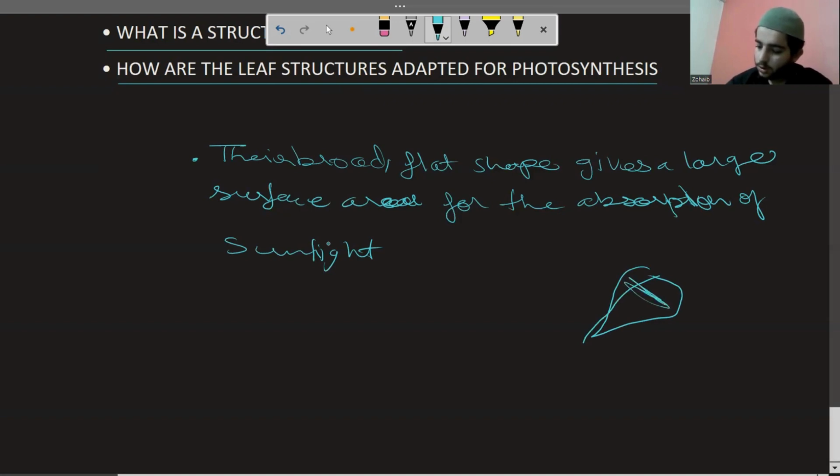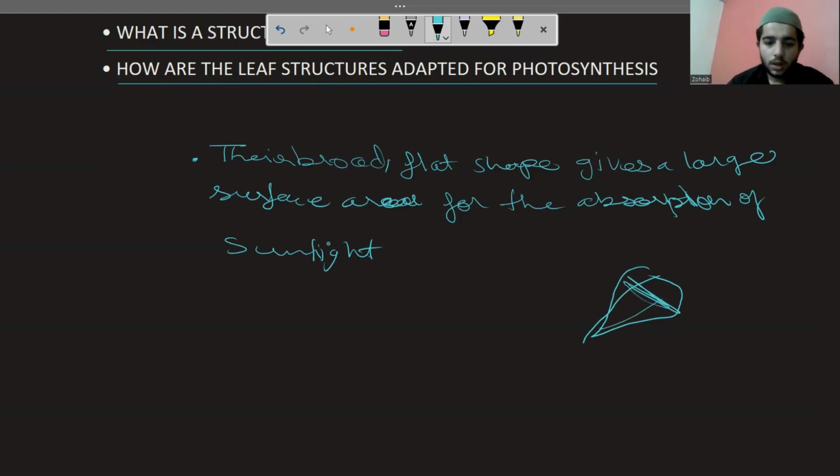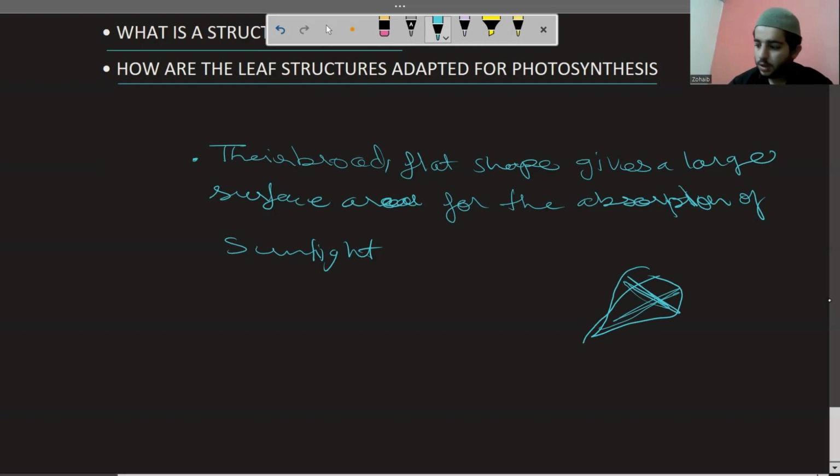From here to here the shape is broad, and from here to here the shape is broad. So this gives a large surface area. And what does the surface area help in? It helps in the absorption of sunlight and carbon dioxide. You got it? The first point.